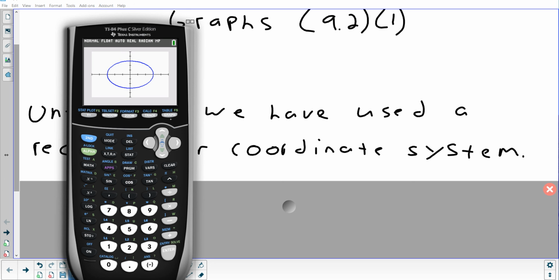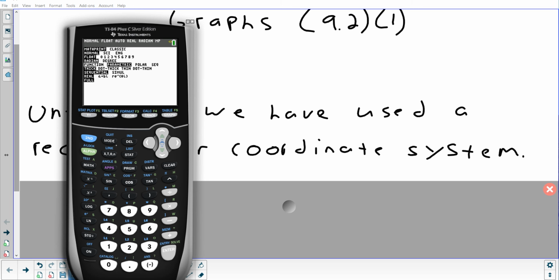And it is a circle. If you count the tick marks, it's 3 units in each direction. If you want me to make it look better, there you go. So that's the amount of work I need to do to draw a circle in the system we learned yesterday. So that's parametric. Look at what I had to type in and the stuff I had to adjust.